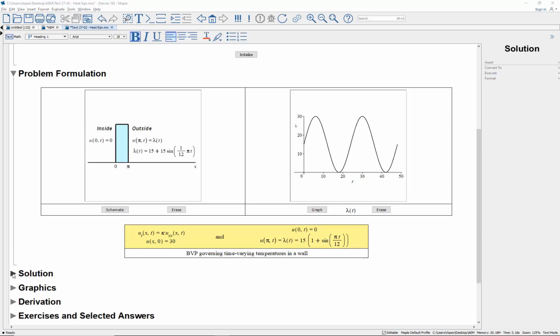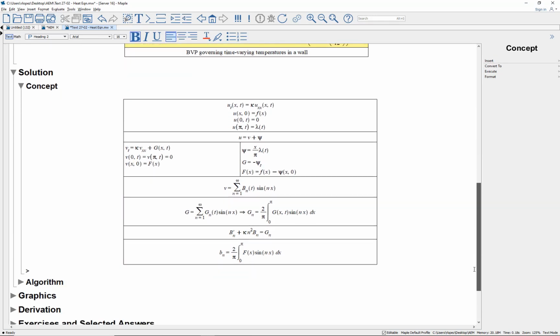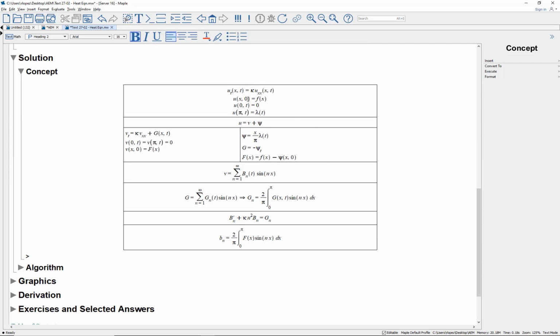By way of the solution, let's break it into two parts. One is the concept behind what we're going to do. Here is the boundary value problem. Because the boundary conditions are not homogeneous, the ordinary separation of variables doesn't work.